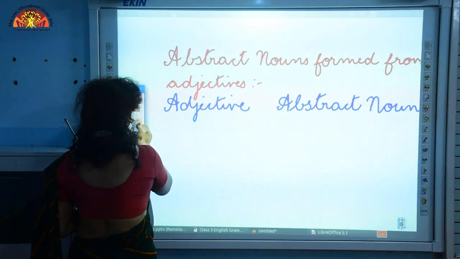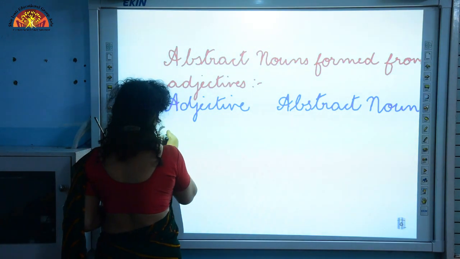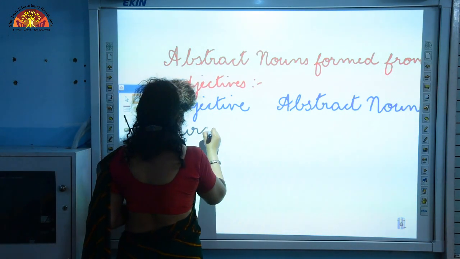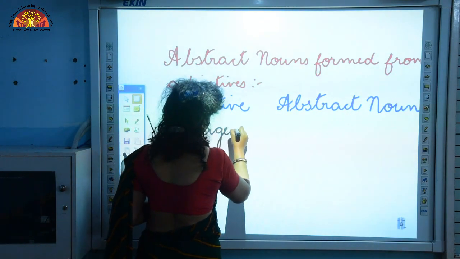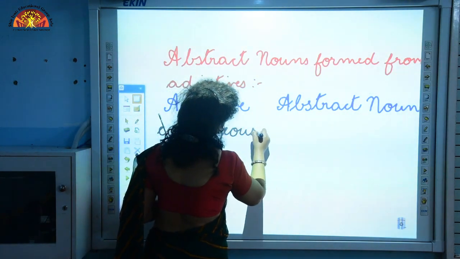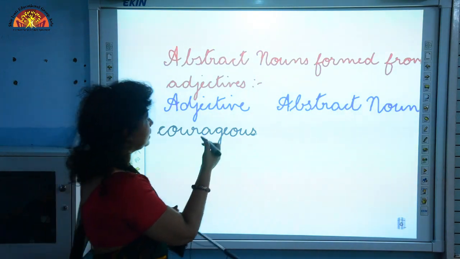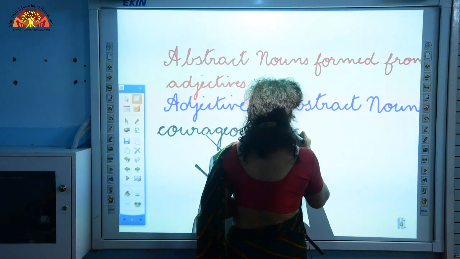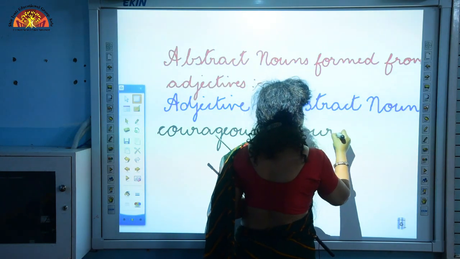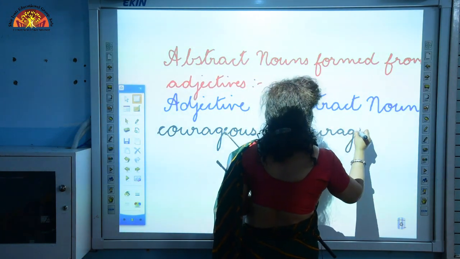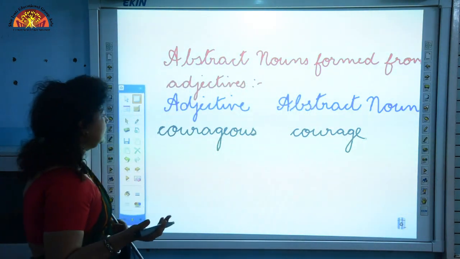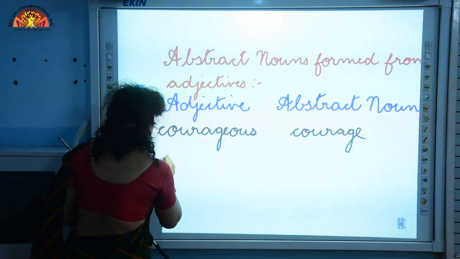Let's take the adjective courageous. Okay, so what would be the abstract noun from the adjective courageous? It will be courage. Let's think of another adjective. It could be happy.